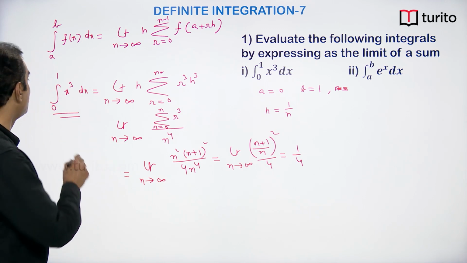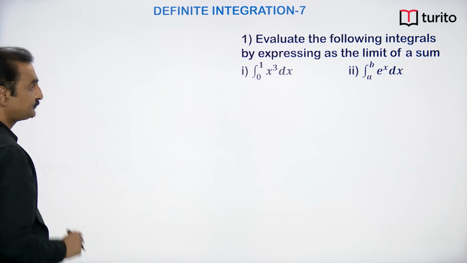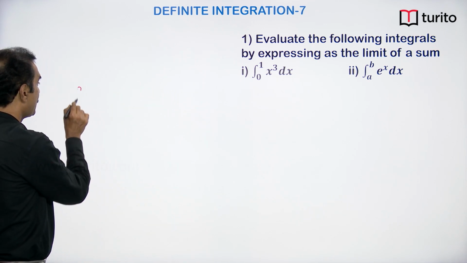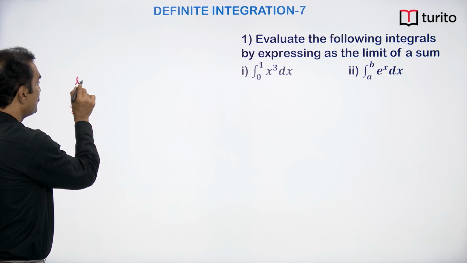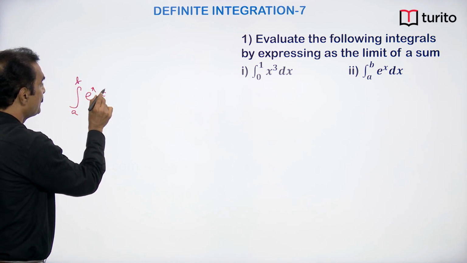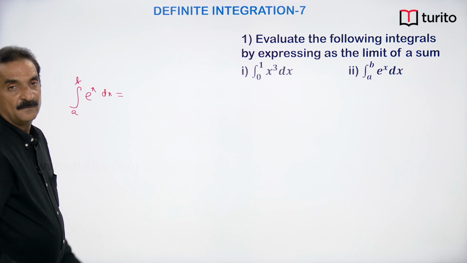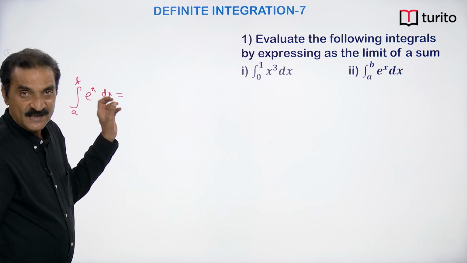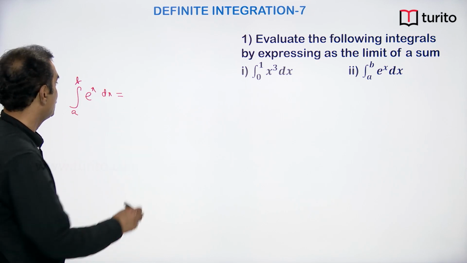Similarly, let us take the next question. Integral a to b e power x dx. We have to find this integral by expressing it as the limit of a sum.